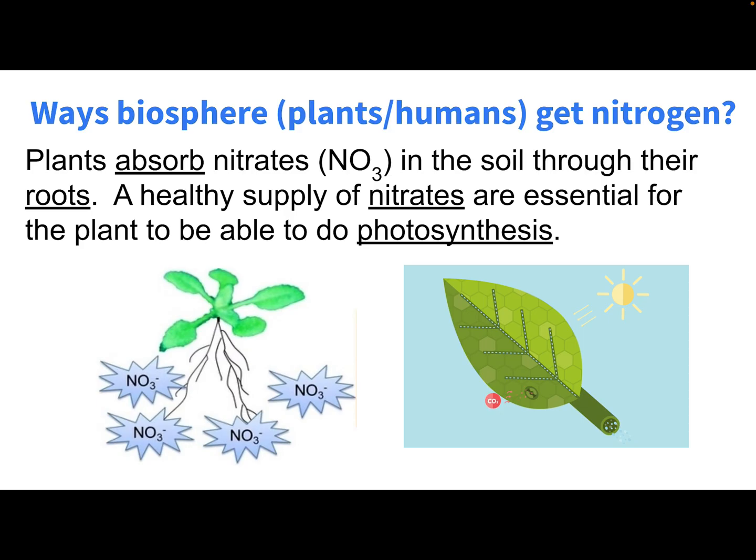They absorb it in the water that they take up through their roots. This process of absorbing the water in their roots actually allows them to collect some of those nitrates into their plant bodies and to use those nitrates for photosynthesis. Because plants are already sort of locked into the soil, they're able to get the nitrates directly from the soil.